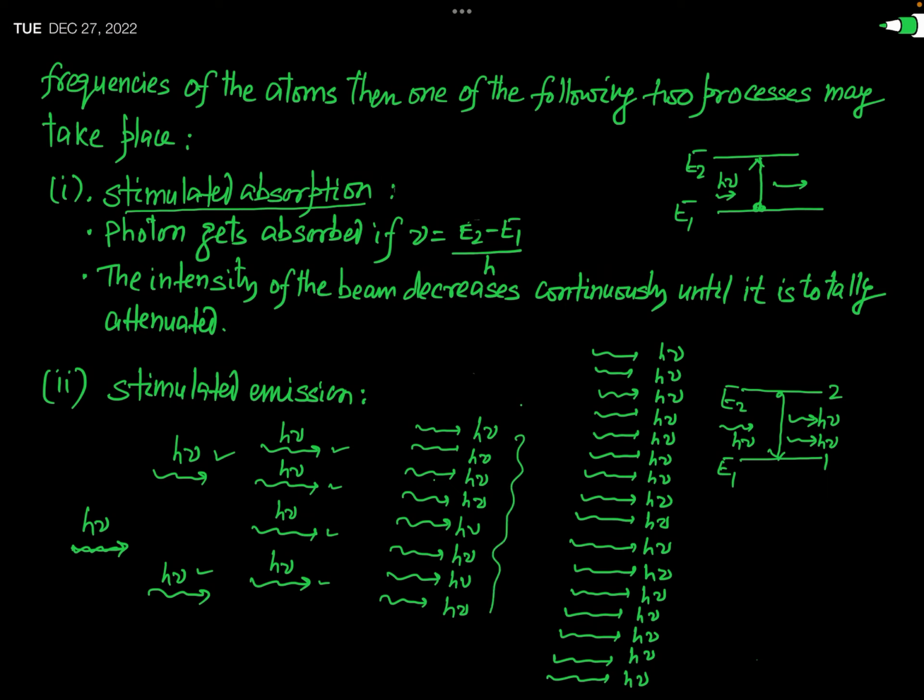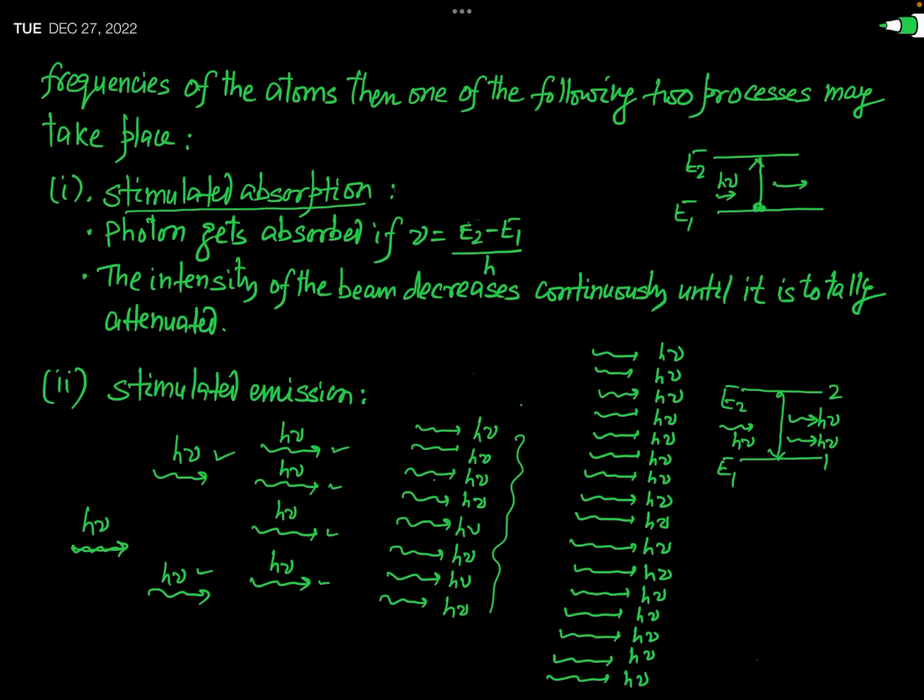I have marked that these 8 photons are moving in the same direction. In a similar way, when these 8 photons de-excite the atoms in the higher energy level, there will be 16 photons moving in the same direction with the same energy, same intensity, same state of polarization. So in fact, a strictly coherent beam of high intensity will be obtained.